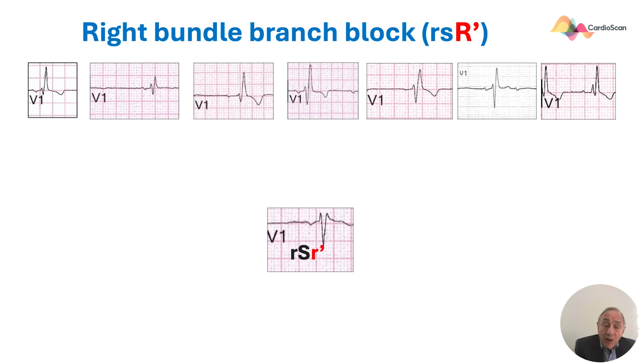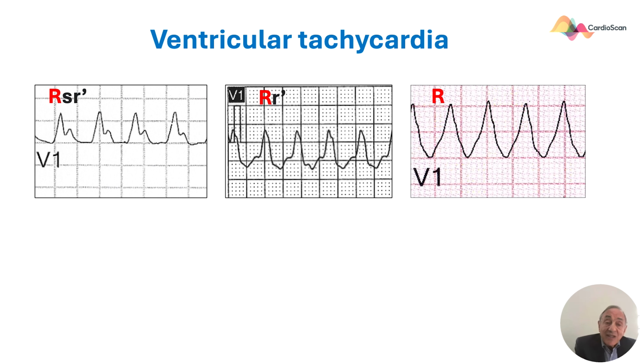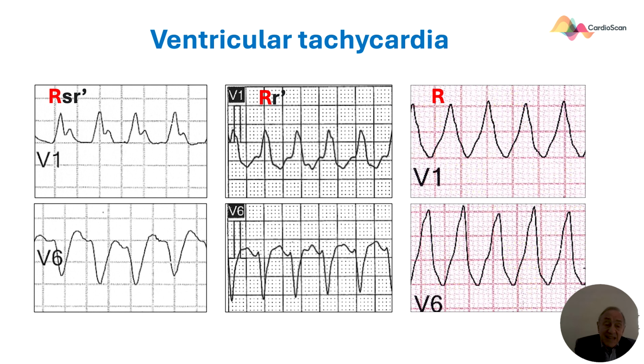On occasion, we get what is shown in the middle there, a small R prime. But in all of these, you can see V6 has a narrow QRS as well, as we saw with aberrant ventricular conduction. Whereas with ventricular tachycardia, we have a dominant R rather than R prime, and V6 has very broad QRS complexes, very different to aberrant ventricular conduction.